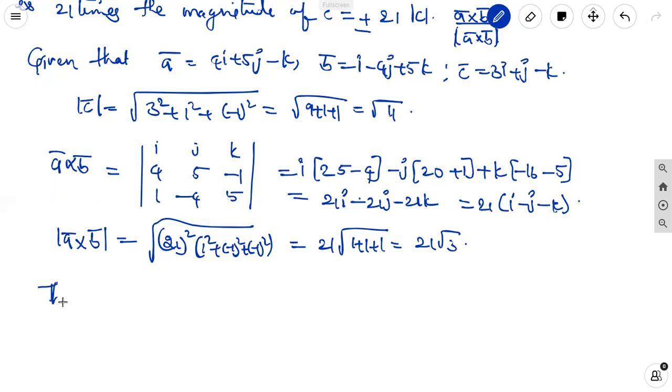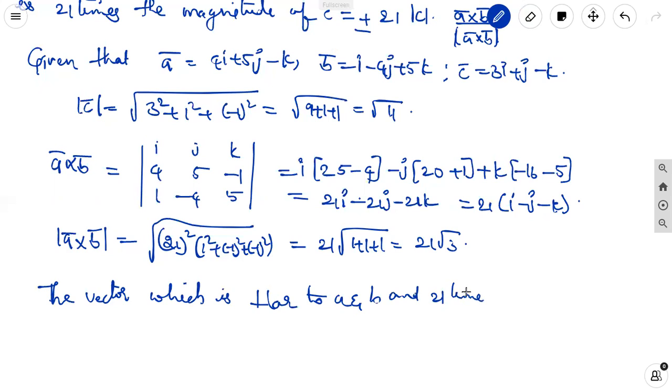Here the vector which is perpendicular to A and B, and 21 times of modulus of C is equal to plus or minus 21 into mod C into A vector cross B vector by modulus of A vector cross B vector.